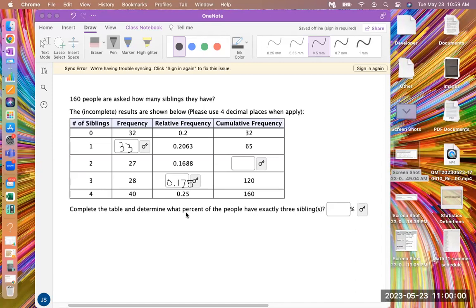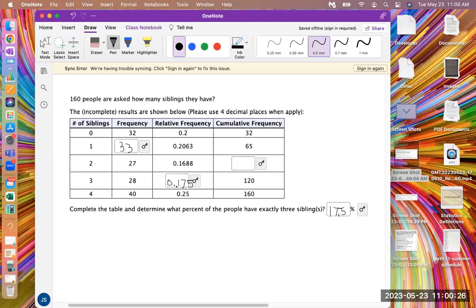So when they ask what percent, we just have to take this decimal and rewrite it as a percent. We do that by just moving the decimal twice to the right and then adding our percent symbol. So this answer is 17.5. Let's double check our answer, but that should be it.